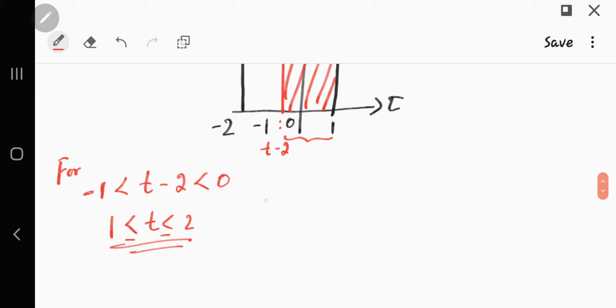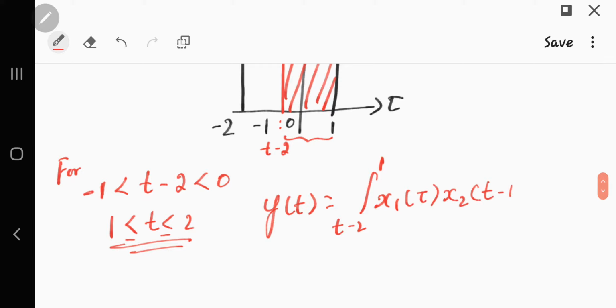So for this region, what happens to y of t? So y of t is equal to the integral from t minus 2 to 1 of x1 of tau x2 of t minus tau d tau. Then substitute the values, and I am not going to go through the steps completely since it has the same values.